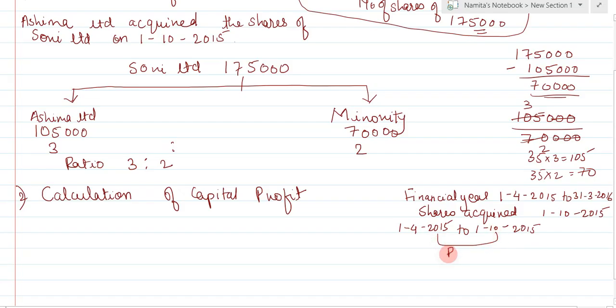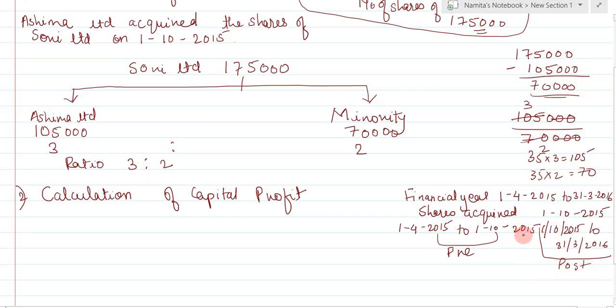The period of pre-acquisition. And after acquisition, that means from 1st October 2015 to 31st March 2016, this time period will be post acquisition.